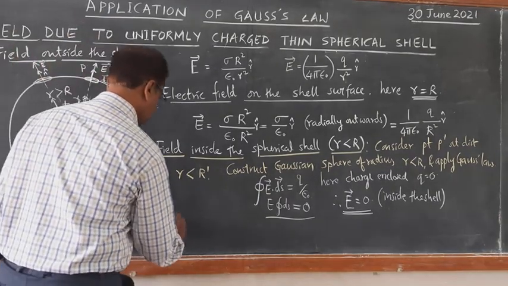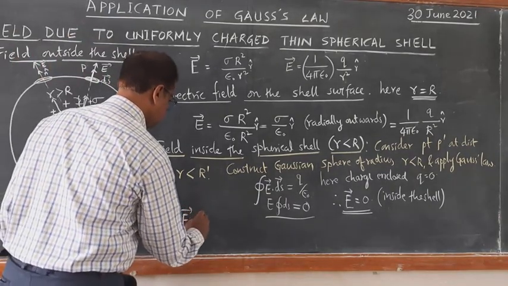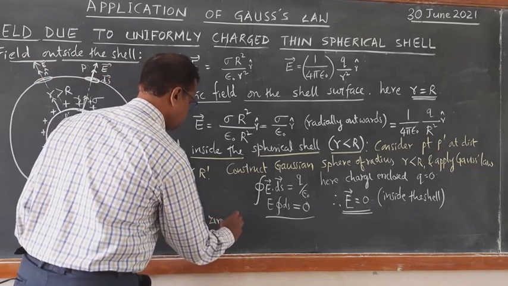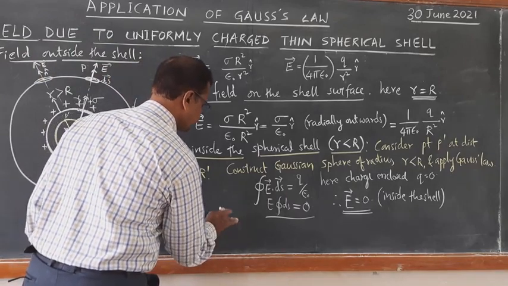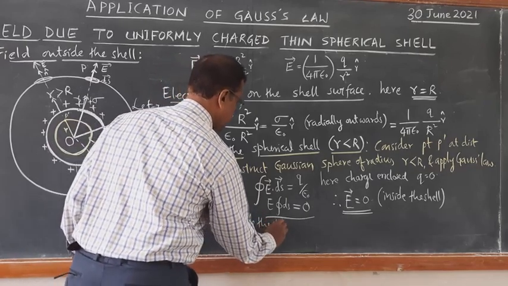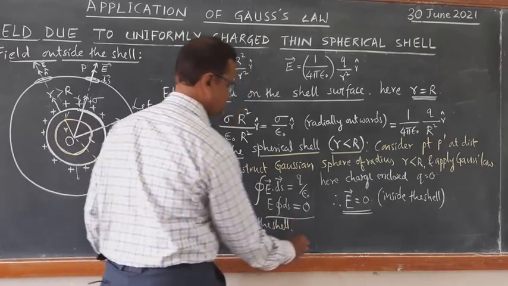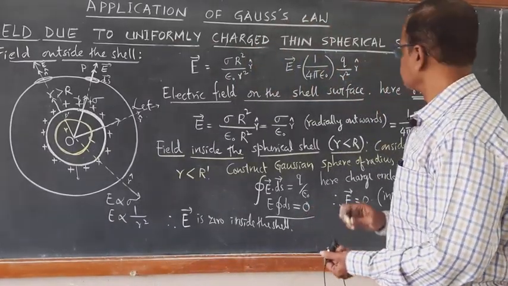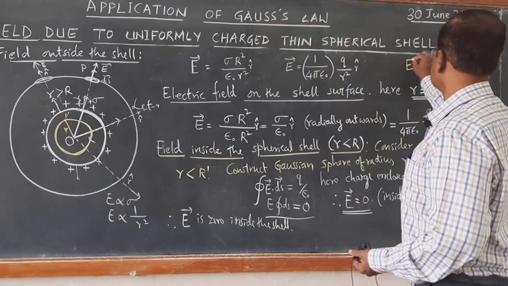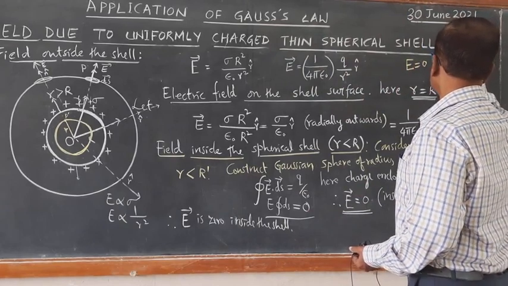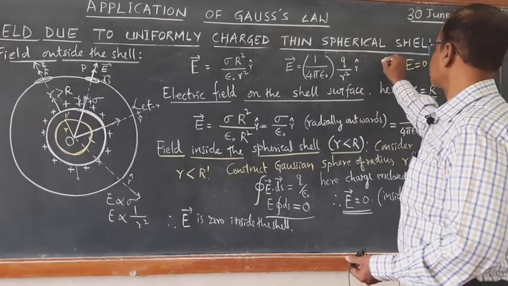Therefore, the electric field is 0 inside the shell, which implies I can write here, E is 0 when r is less than capital R. This is first.